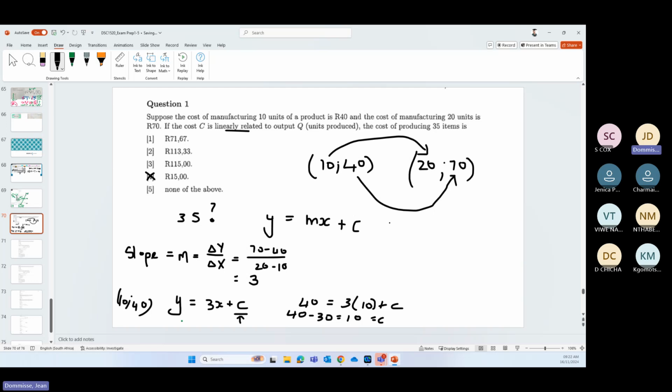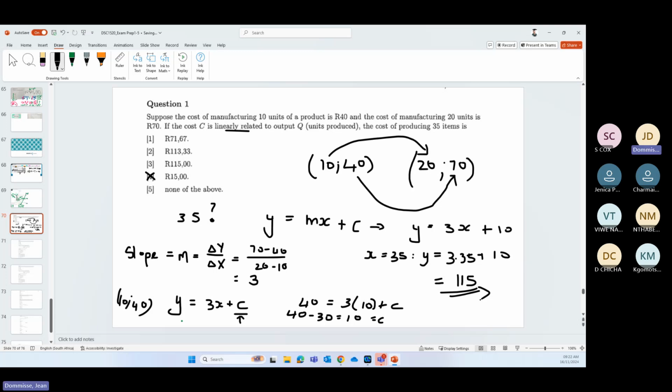So now we have our formula of y is equal to 3x plus 10. And then if we put in x is equal to 35, y is equal to 3 times 35 plus 10, which is equal to 115.